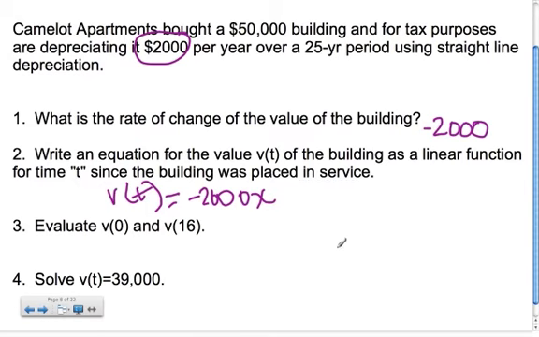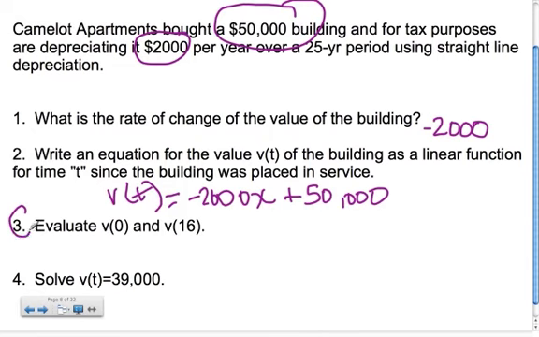And then I need to figure out what my y-intercept is. And it was $50,000. So I'm going to start out at $50,000, and every year that I own the building, I'm going to be subtracting 2,000. That is where this equation, negative 2,000t plus 50,000, comes from.